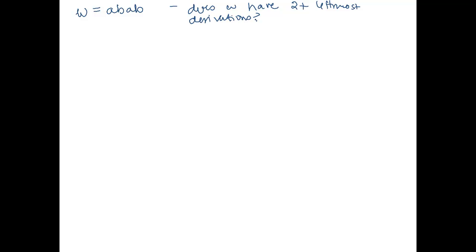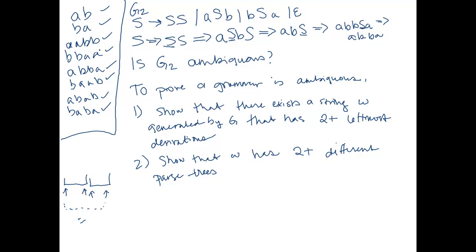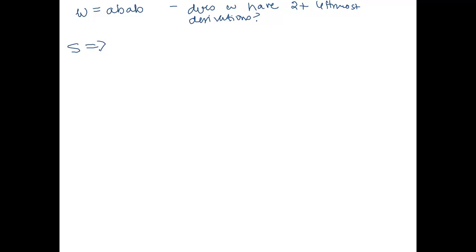Okay, so let's try not using our new rule first. Let's try using our old grammar, G1. Okay, so remember G2 is just an extended grammar of G1. Okay, so let's call this derivation 1.